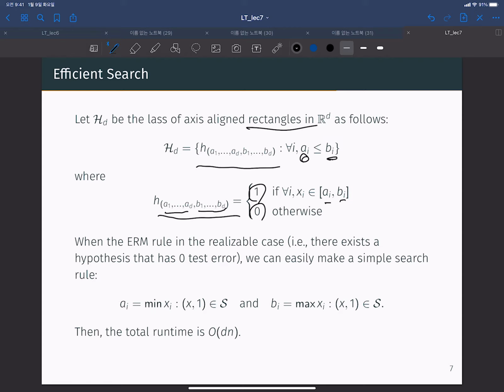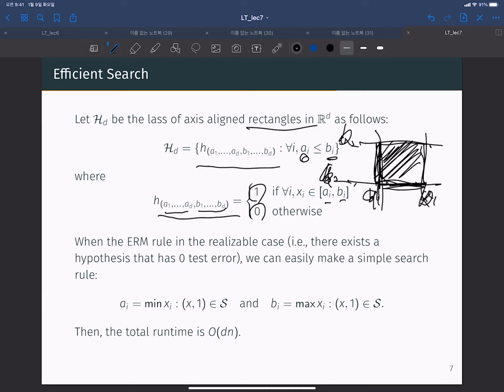For the binary class, in the 2D case, we can draw the 2D axes: this is B1, this is A1, this is B2, A2, and for this finite interval we can define this rectangle area, and here we have a positive response.